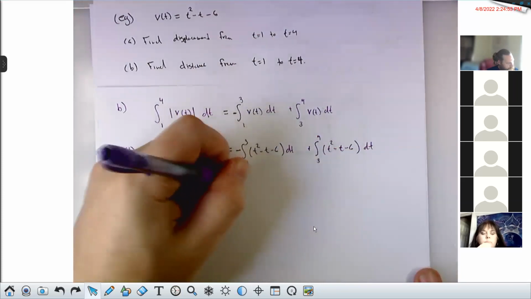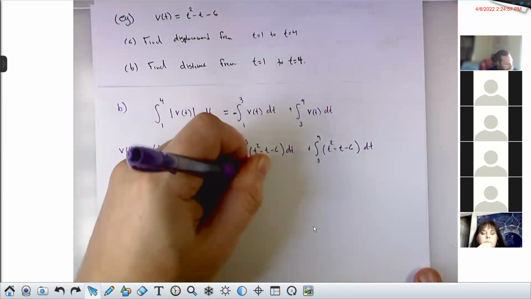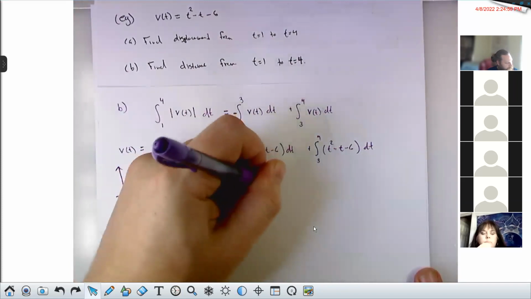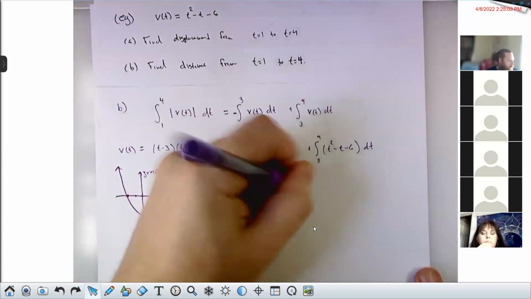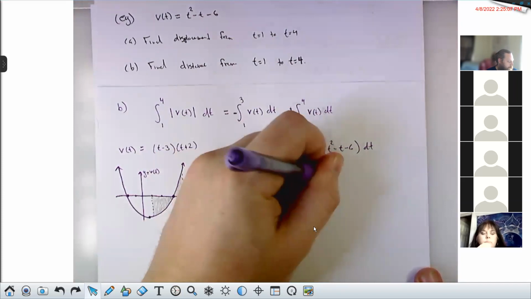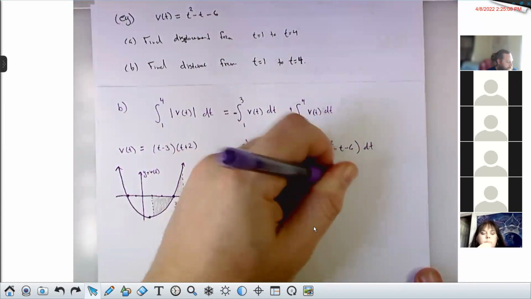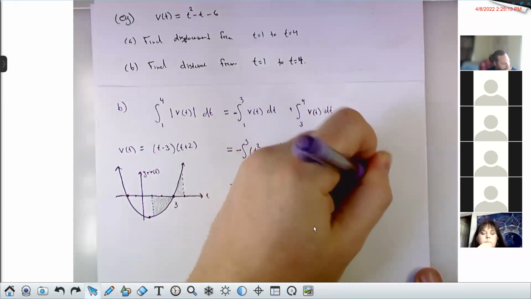It's the same thing. 1/3 t cubed minus 1/2 t squared minus 6t evaluated from 1 to 3, plus the same antiderivative, 1/3 t cubed minus 1/2 t squared minus 6t, evaluated from 3 to 4.